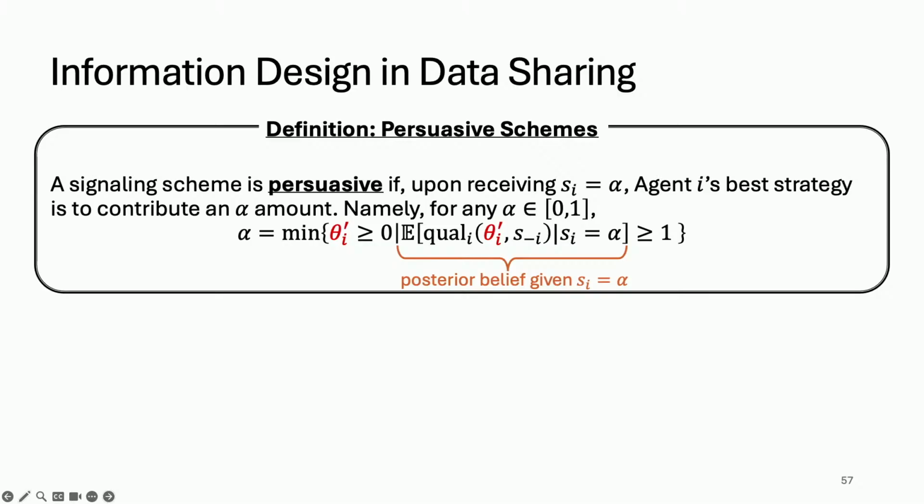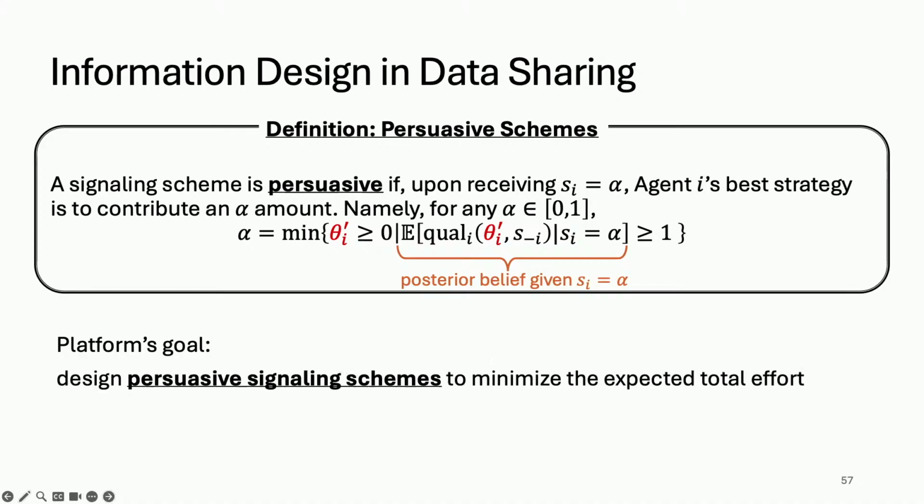Formally, for any alpha, when agent i receives alpha, and also assuming that everyone else will follow the recommendation, the best thing for the agent to do is also to follow the recommendation. And then the platform's goal is to design a persuasive signaling scheme to minimize the expected total effort. That is the expectation over the sum of the signals, which are exactly the recommended efforts.